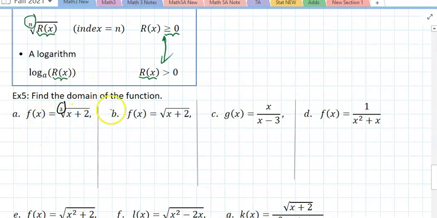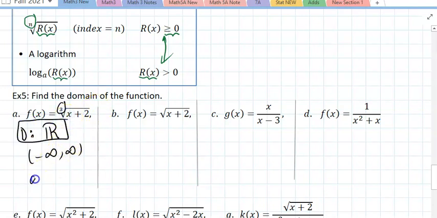Since the 3 cases are not there, there's no log, it's not an even index, and there's no fraction, domain would be, this is how you write all real numbers, or you could write it in interval notation if you wish. This suffices, and if you don't remember that, you could say all real numbers. Not a big deal. Whatever works. Any of those will do.